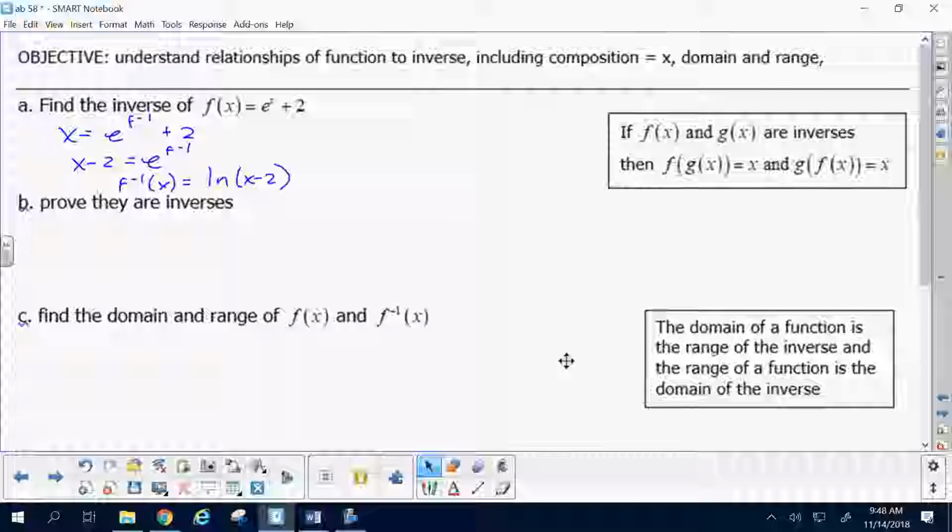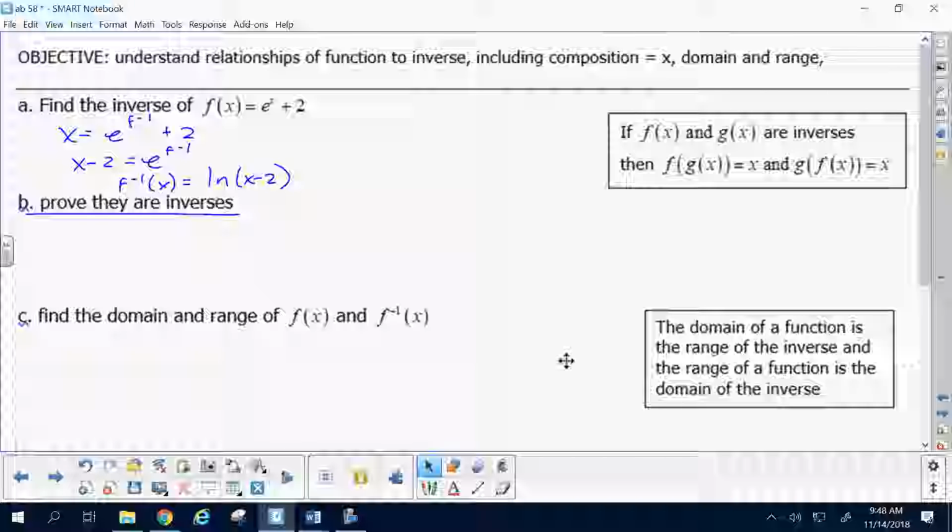Okay, perfect. Now, if you're asked to prove they are inverses, they are supposed to undo each other. Think of it like they're opposites. Think of it like two machines that undo each other's effects. So if you put something in, you added 2 and subtracted 2, then they would undo each other, and you're right back to where you started.